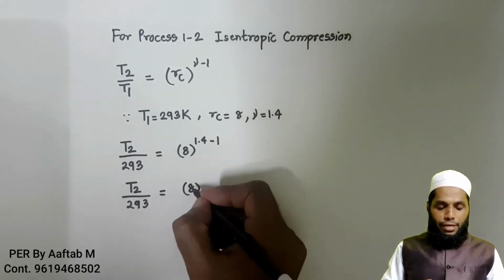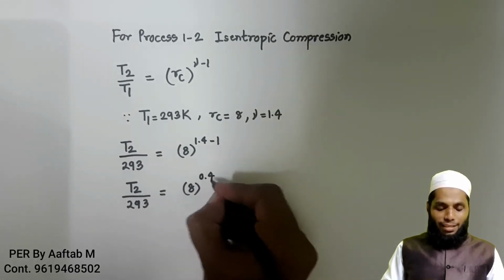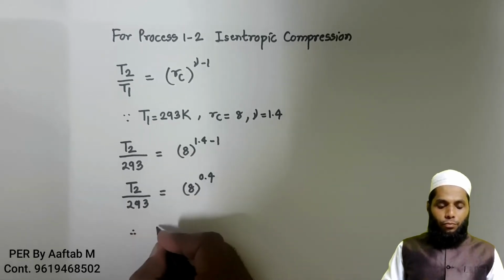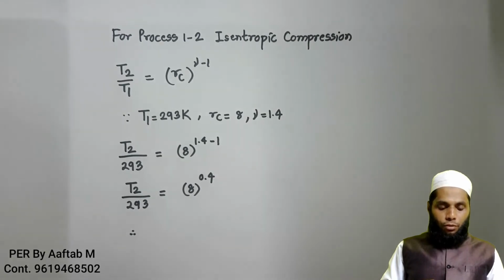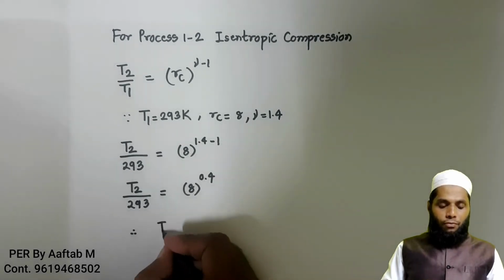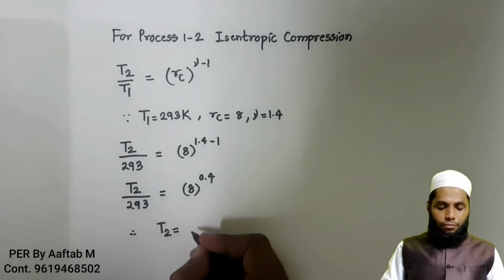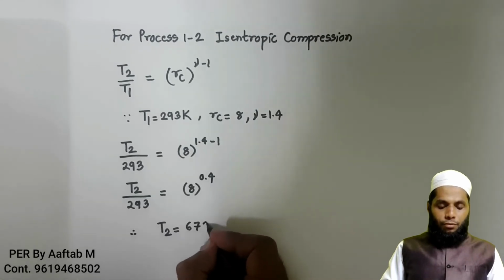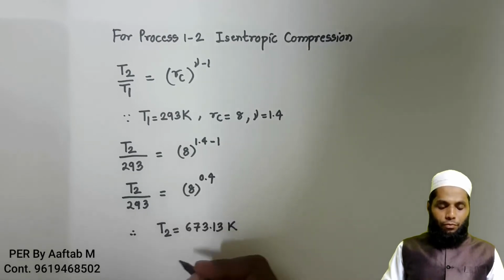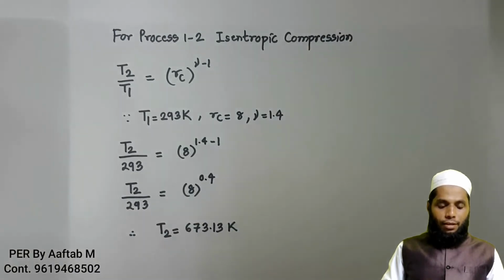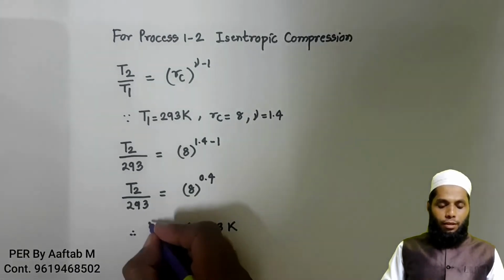So here T2 upon 293 is equal to 8 raised to 0.4. So after calculating, we'll get the value of T2, which is 673.13 Kelvin.